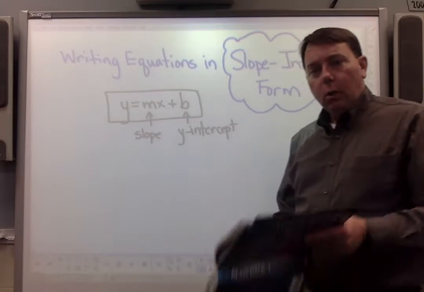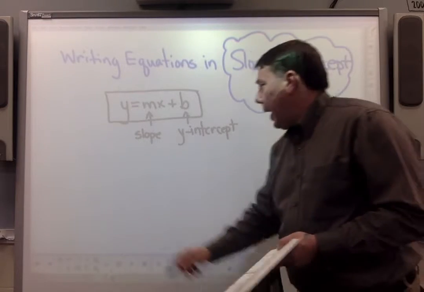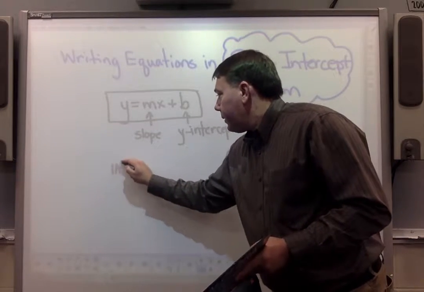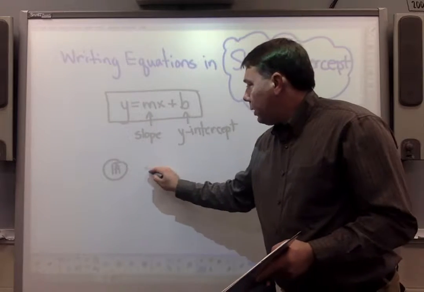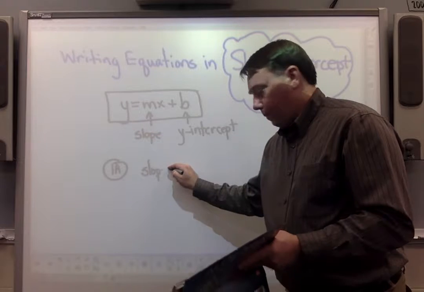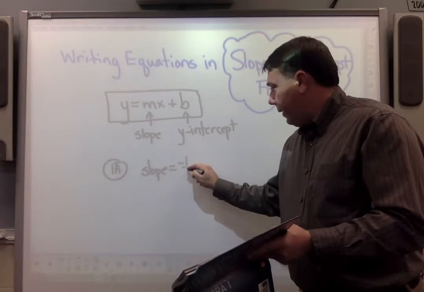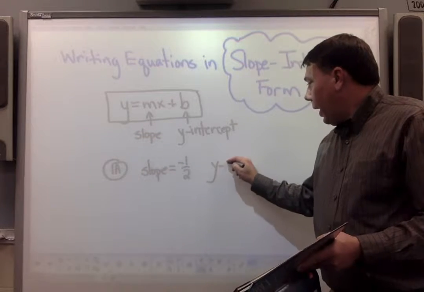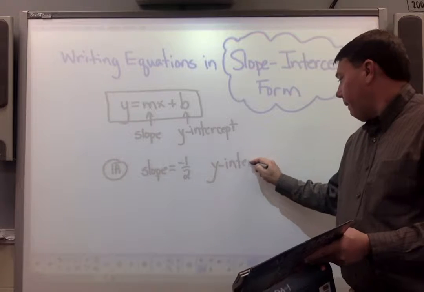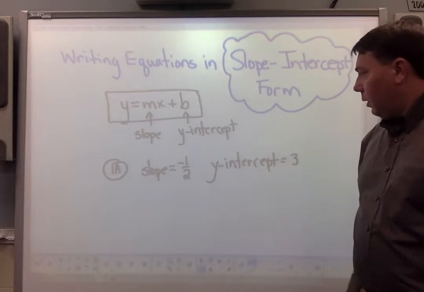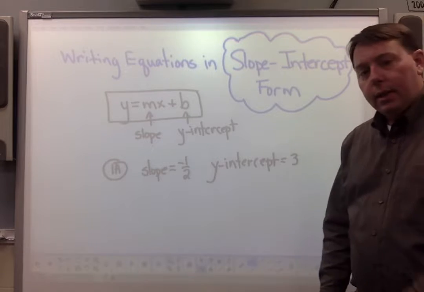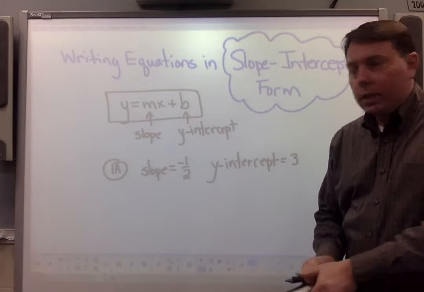The first thing we're going to do here is 1a. This is on page, again, 216. In your book, it gives you a slope of -1/2, and it gives you a y-intercept of 3. The only thing they're wanting you to do here is put the numbers in the right spot in the equation.